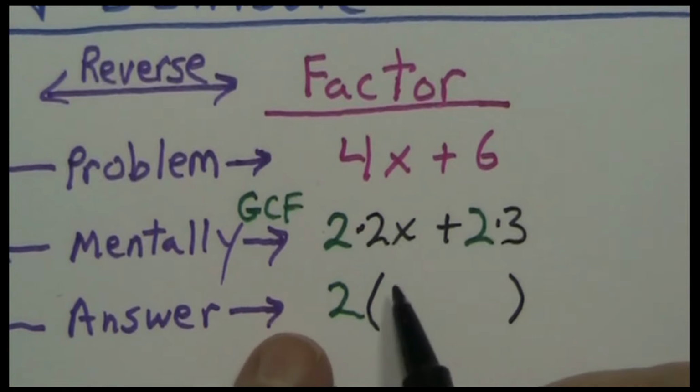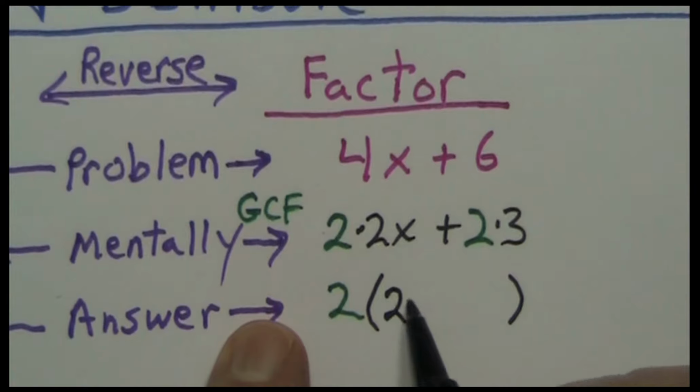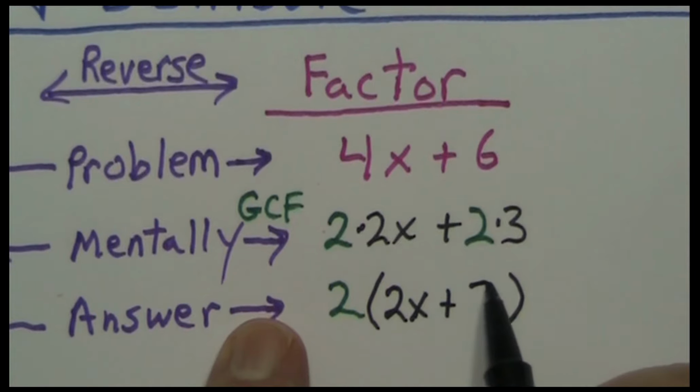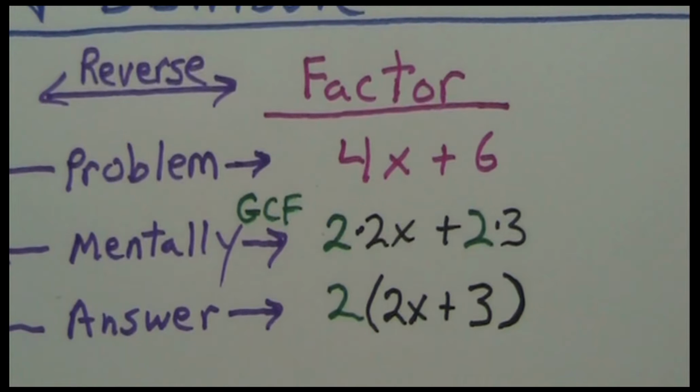I know there's nothing to pull it out of, but it's like I'm pulling it out, and I'm going to have 2x here. And then if I pull a 2 out of here, I'm going to have just a 3 left over. And that's it. This is the answer.